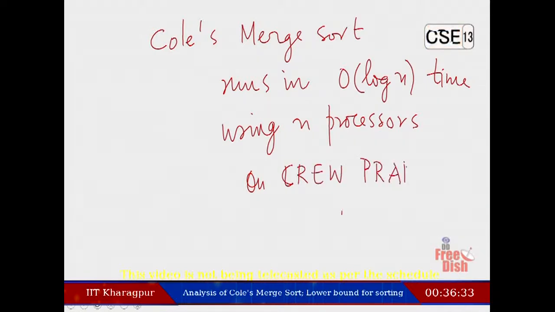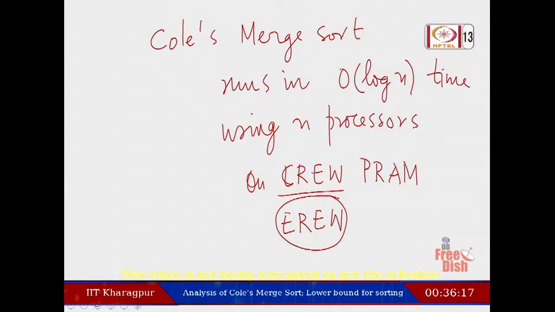The CREW result holds for the same complexity. That is, n numbers can be sorted on an EREW PRAM in order of log n time using n processors. The EREW version is outside the scope of this course, so we will not be discussing this.